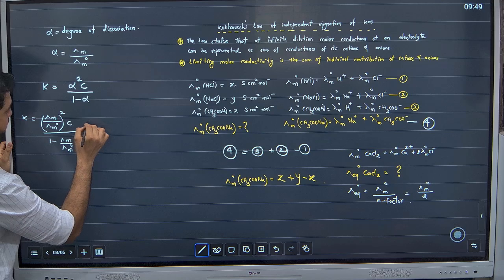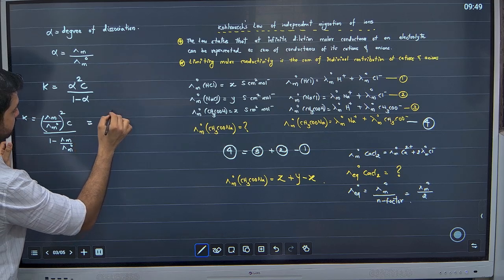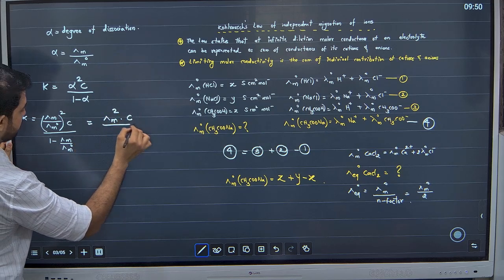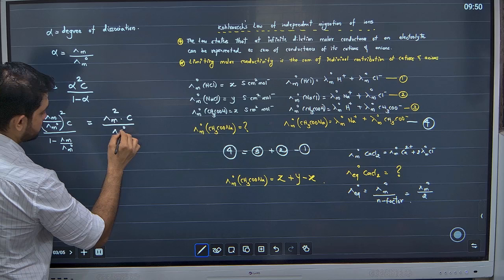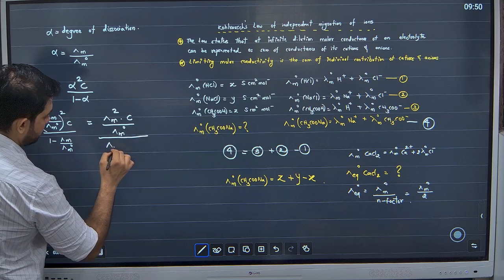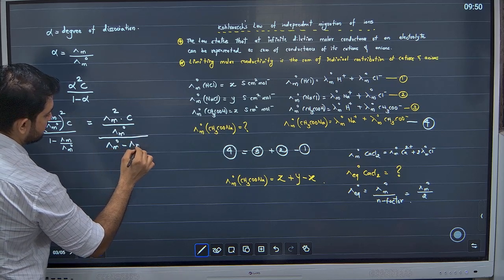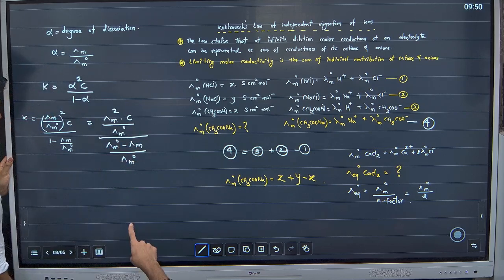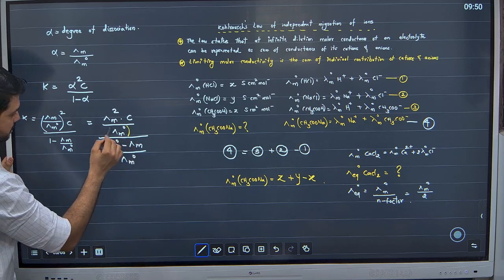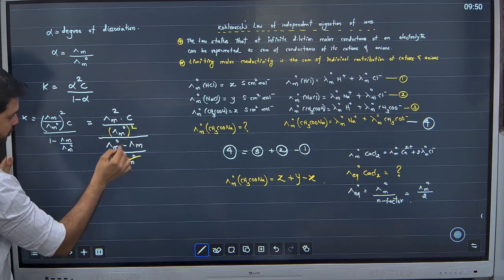This will become lambda m square into C upon lambda m naught square over lambda m naught minus lambda m over, pardon me, this cancels, this cancels.